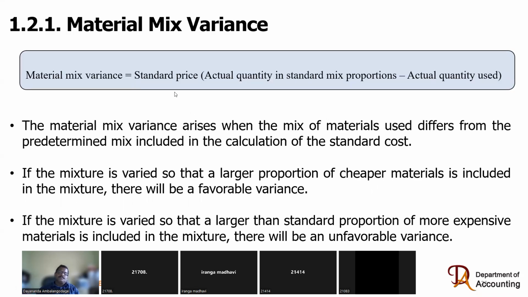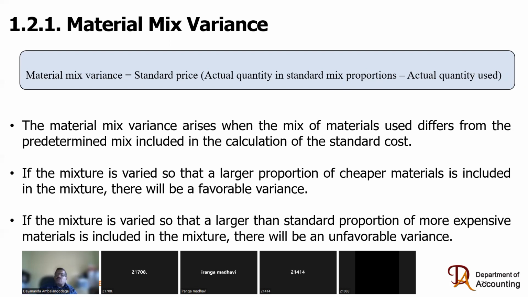Okay. Then we can calculate the mixed variance, material mixed variance: standard price, actual quantity in standard mixed proportion, actual quantity used. Actual quantity in standard mixed proportion.